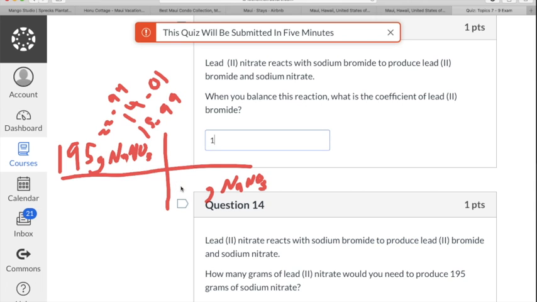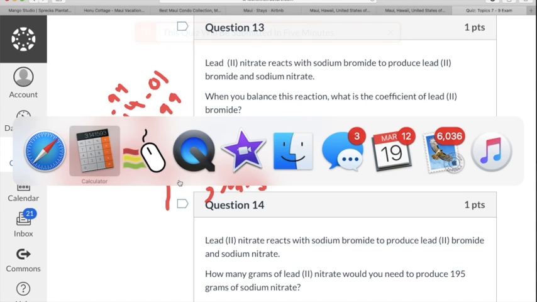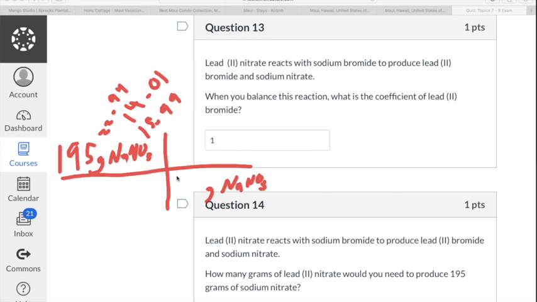So 84.97 grams per mole. That's per 1 mole of my sodium nitrate.